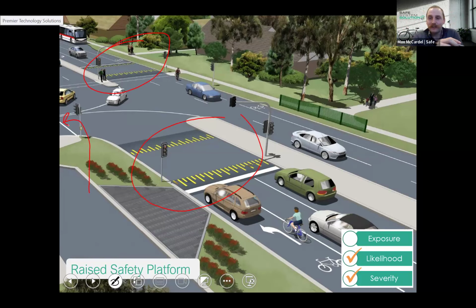They are influencing both the likelihood and severity of the crash. So they're affecting the severity because they're reducing the impact speed. They're also influencing the likelihood because as you've managed to wash off some of the speed, you are also reducing the risk of a crash occurring.